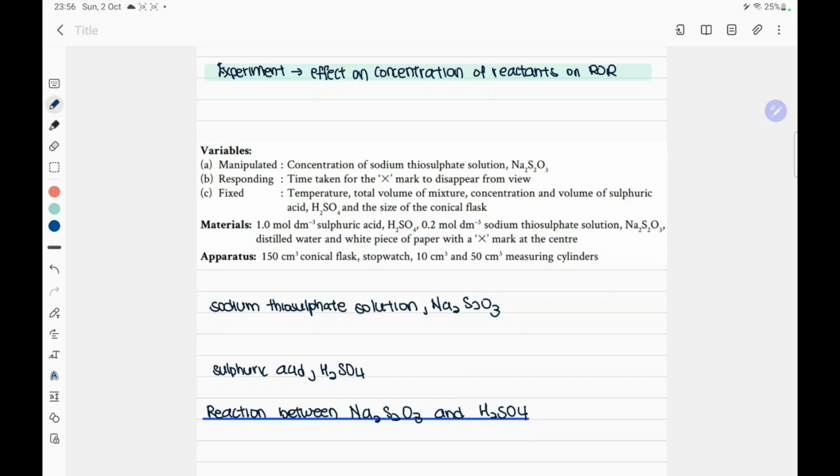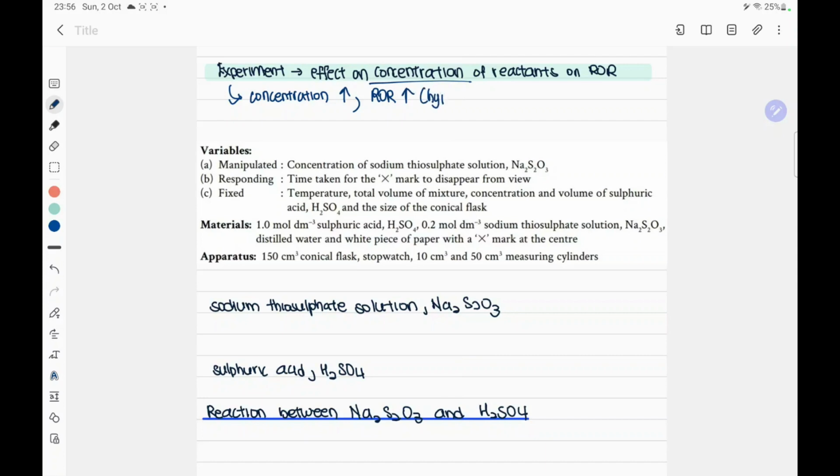So now we are going to look at the experiment for the effect of concentration of reactants on the rate of reaction. Now we are focusing on the concentration. So we know that if the concentration increases, which means the solution becomes more concentrated, the rate of reaction increases.